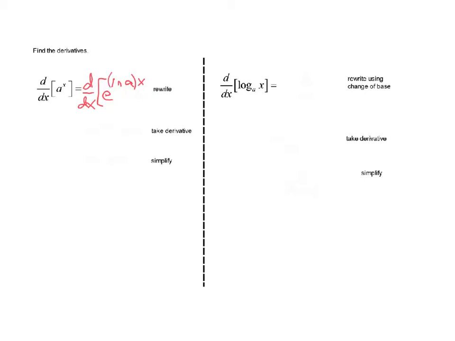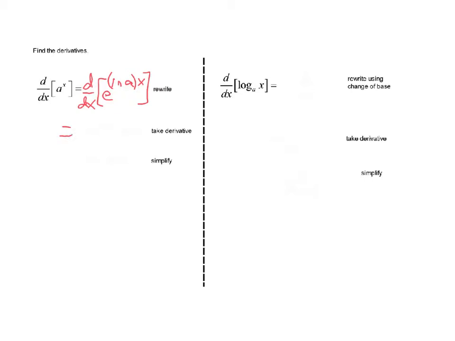Now, this part kind of cancels. This ln a and the e are inverses, so the ln and the e cancel, and it goes back to a to the x. I have not changed it. I've just rewritten it really weirdly so that I could have it be in a base of e.